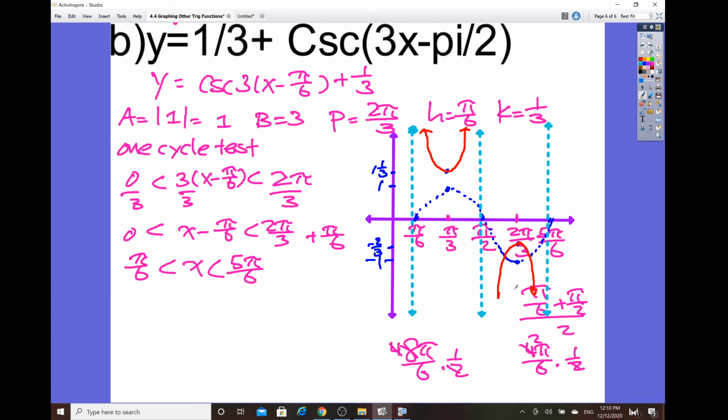And the reason why there's no stretching or shrinking is because the value of a is 1. It's just a normal curve. And that's it.